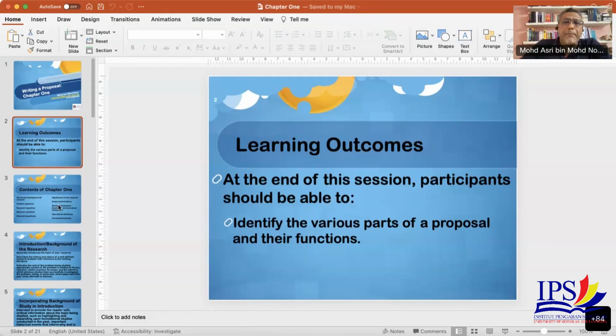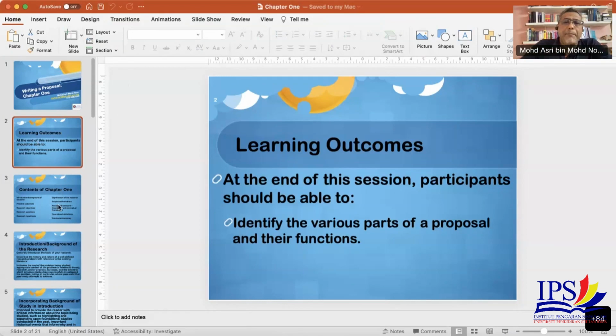Then you'll have the research objectives, research questions, research hypothesis, if there are any, significance of the research, scope and limitation of the research, framework, which will comprise the theoretical and conceptual frameworks, if there is any, and the operational definitions plus the summary. Usually we call it summary of chapter.